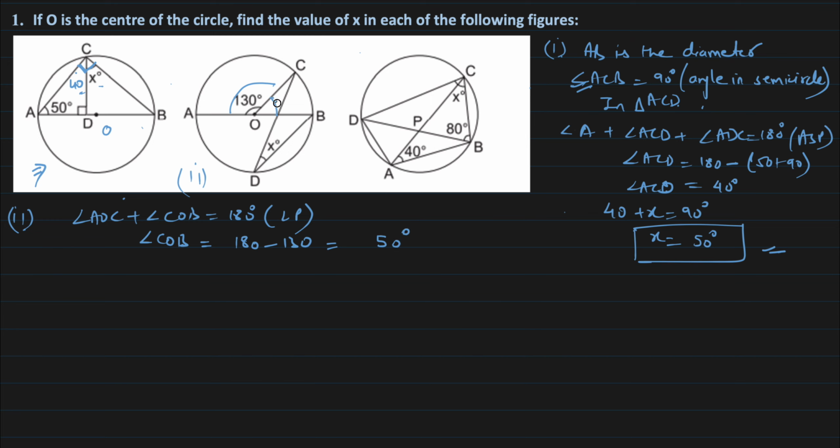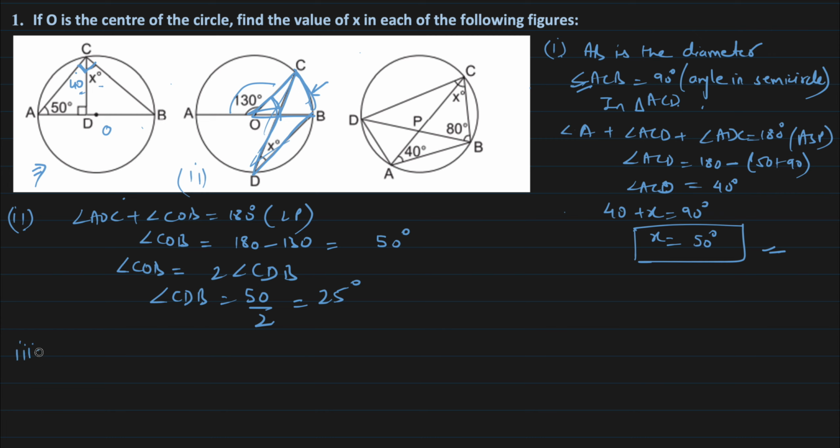Now, COB is twice of CDB: angle subtended by CB at the center, angle subtended by CB on the remaining part of the circle. So we can say CDB is 50 by 2, which is 25 degrees. Clear, students?